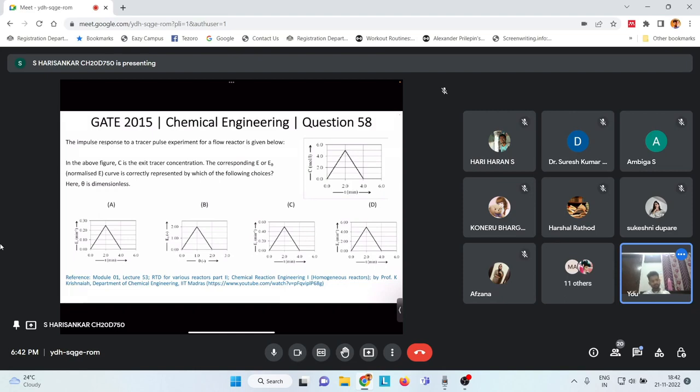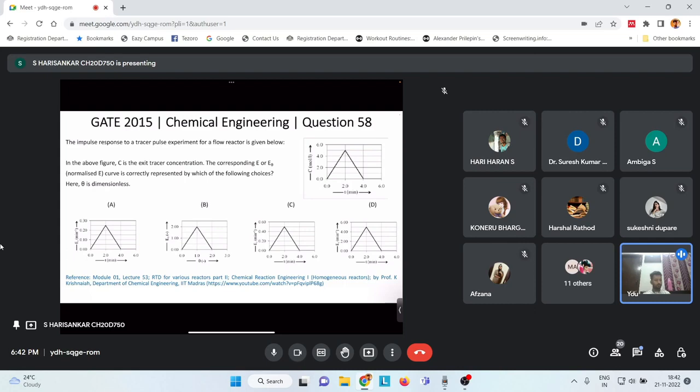So this is a question from GATE 2015 from Chemical Engineering, question number 55. The impulse response to a tracer pulse experiment for a flow reactor is given below. In the figure, C is the exit tracer concentration. The corresponding E or E theta curve, or the normalized E curve, is correctly represented by which of the following choices?